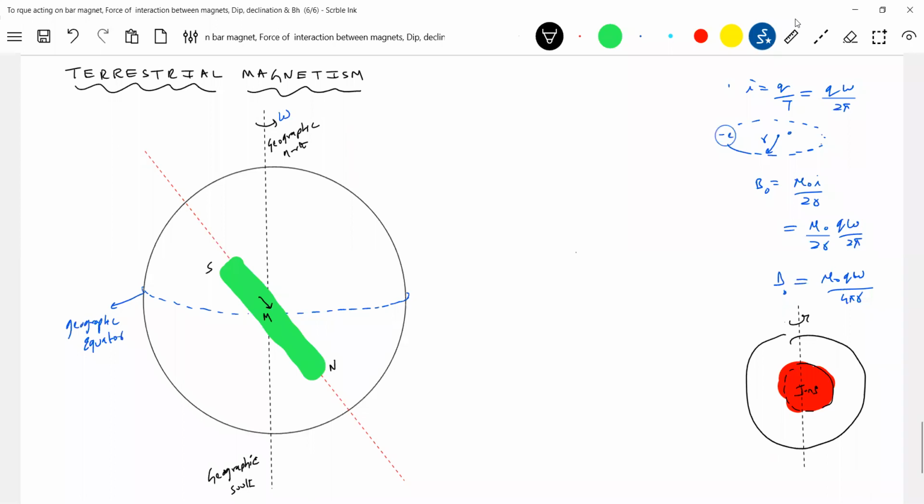So this is called the geomagnetic south. The north pole of the bar magnet of the Earth is here, which I'll call geomagnetic south. The reason for that: earlier they assumed the south of the bar magnet would be near the south, and the north towards the north.